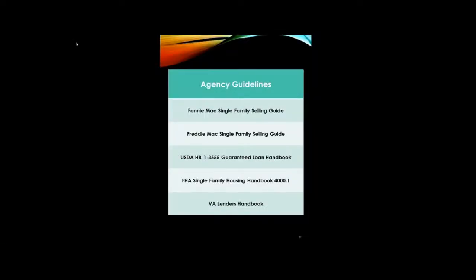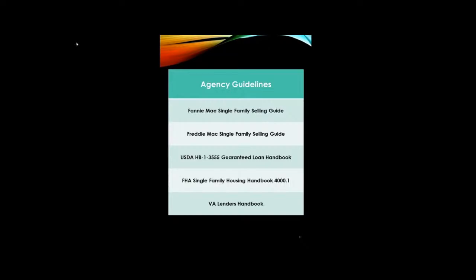All right, so let's go over the agency guidelines. What are guidelines again? Guidelines are the tools that we have to help us underwrite a file. Now, every lender, every type of program has their own guidelines. So I'm just going over the different agency guidelines. But if you're selling into a particular investor, you have to check to see if there are any investor overlays on top of these guidelines.